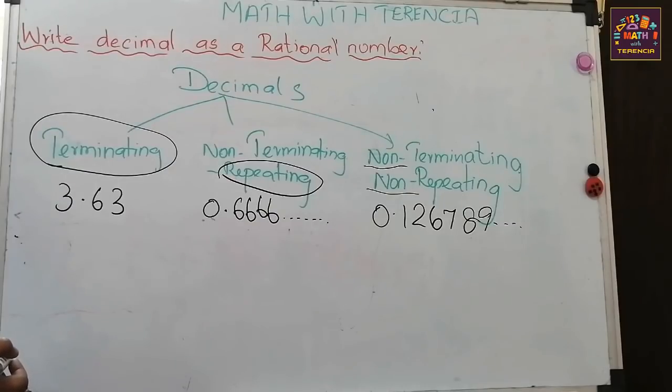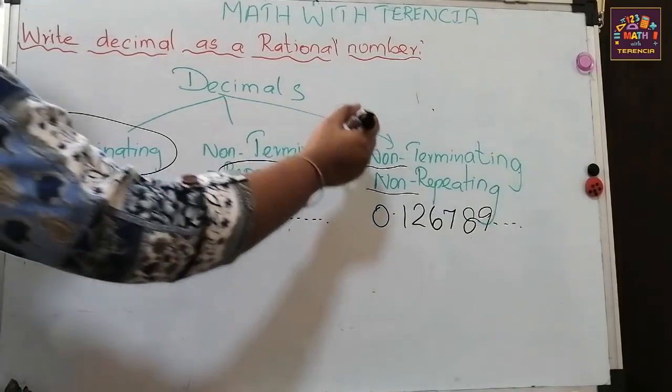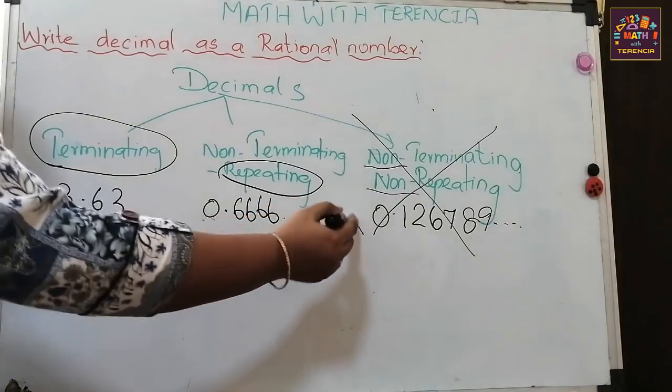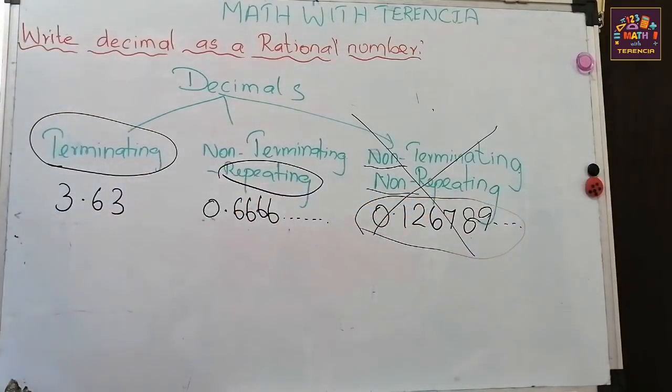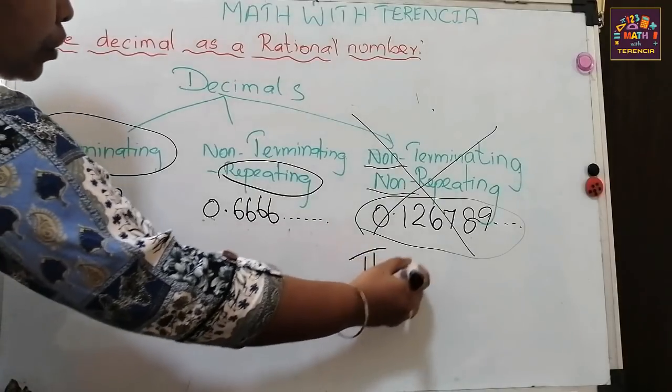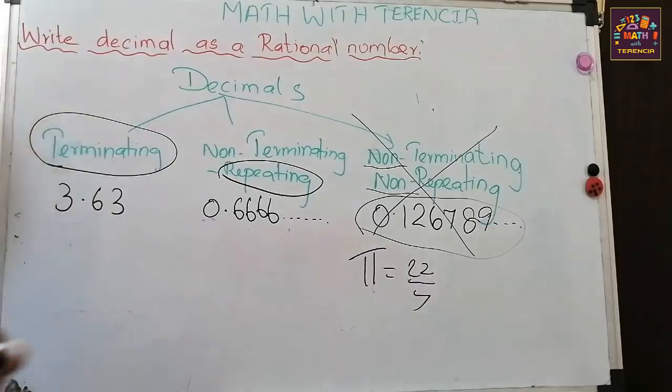Though we can write all the fractions and all the terminating and repeating decimal numbers as a rational number, we cannot write a non-terminating and non-repeating decimal in fraction form. So this type of decimals will not come under rational numbers. For example, the value of pi. We know the approximate value is 22 by 7, but when you divide, it will be a non-terminating and non-repeating decimal.